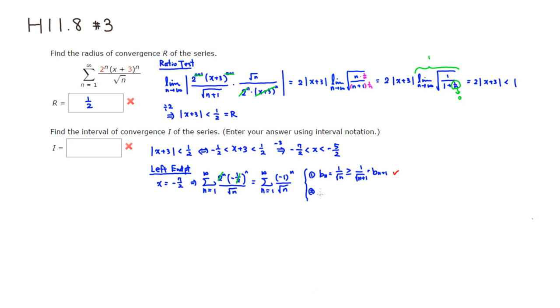If you take the limit of b_n, 1 over the square root of n, as n approaches infinity, it is going to be 1 over infinity, which is 0. So the second condition checks out, and we have a convergent alternating series, by the alternating series test.